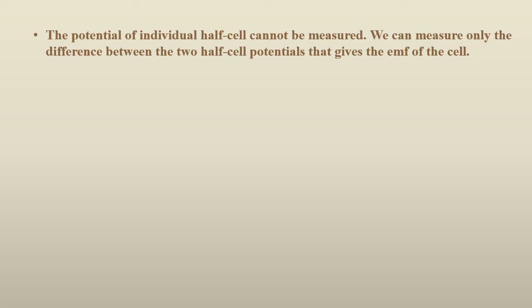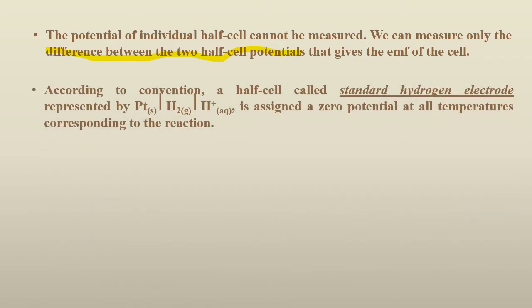We can measure only the difference between the two half cell potentials, which gives the EMF of the cell. Mind well, what can we measure? We can measure only the difference between these two half cell potentials, which will give the EMF of the cell.